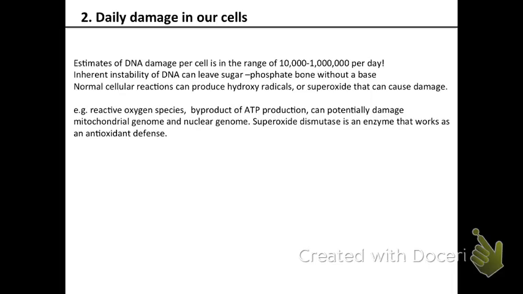Normally, the cellular reactions in our cells that happen in the mitochondria, some of these reactions, as a byproduct of ATP production, create reactive oxygen species, which can also damage both the mitochondrial genome and the nuclear genome.